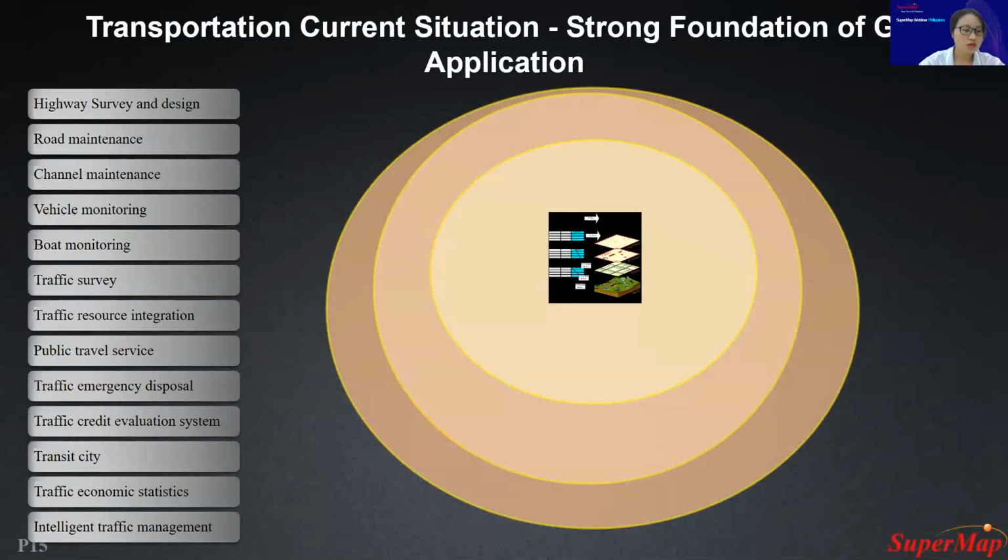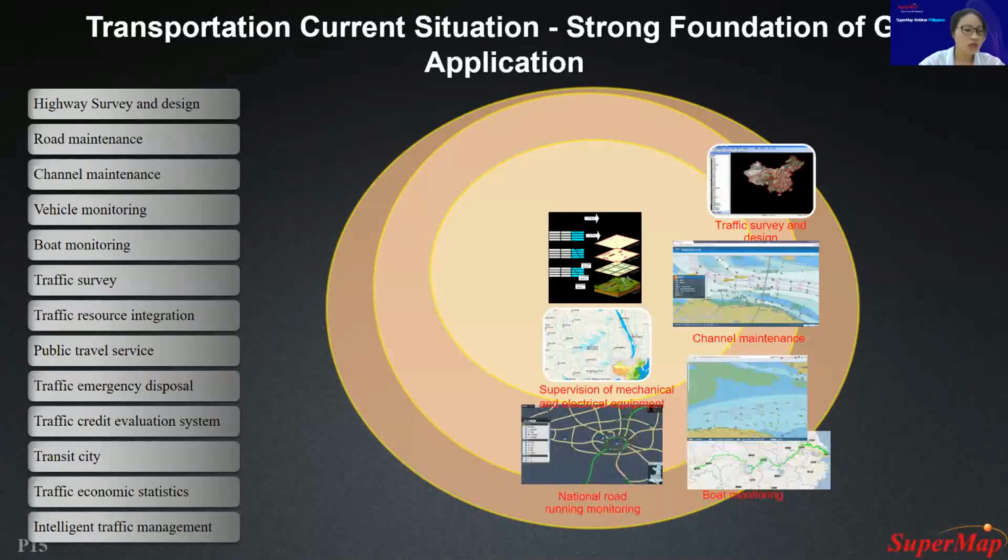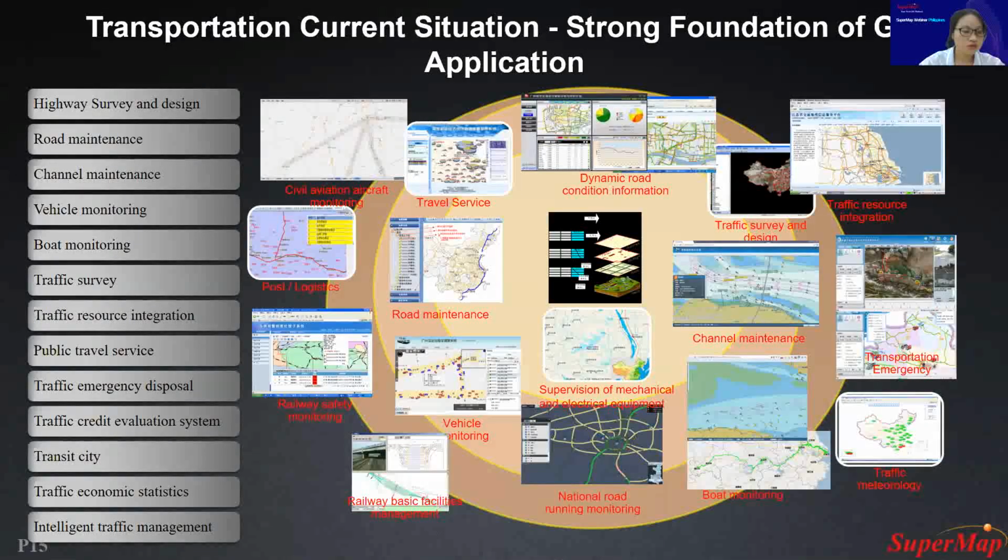There are so many other business applications that need to be integrated in the system, such as railway business, aviation business, travel service, ports, and logistics, which are all involved in transportation, and each of them has its own business requirements.